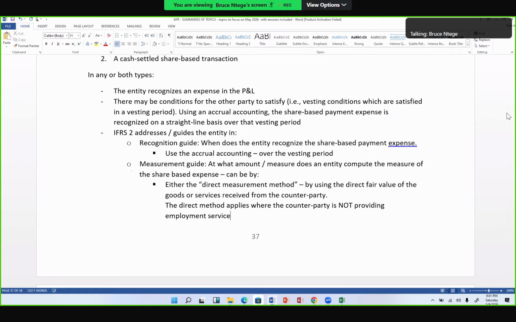Otherwise, when we find that the counterparty in the scenario given to us is an employee of the entity, we shall use the indirect method.